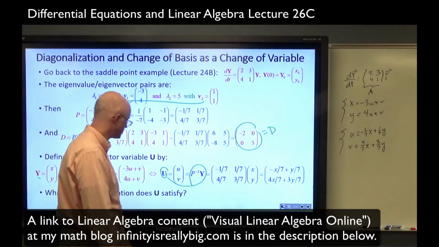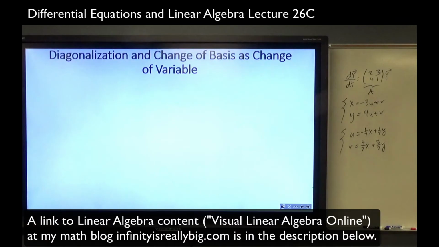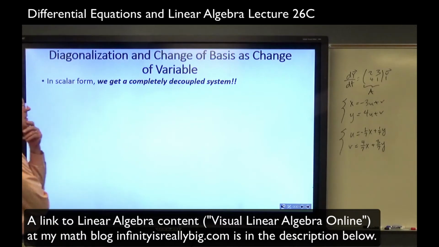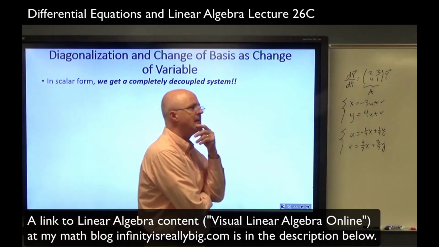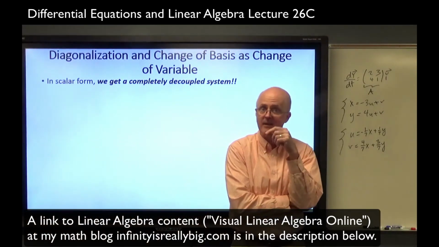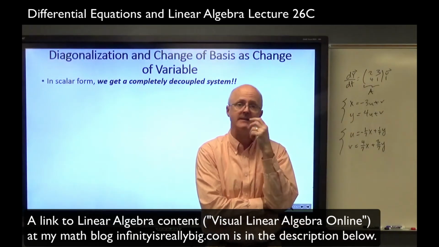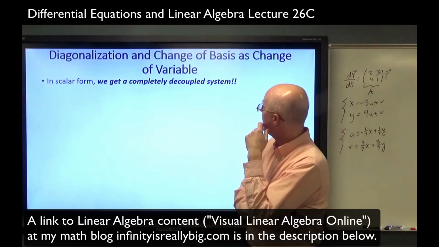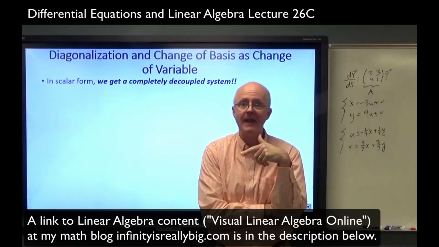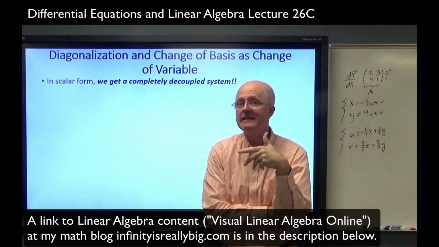Does it satisfy a differential equation? Well, let's see if we can work it out. Let's think about what the scalar quantities, little u and little v, satisfy. And we're going to see they satisfy a completely decoupled system.